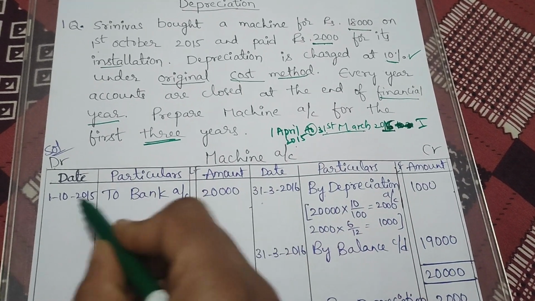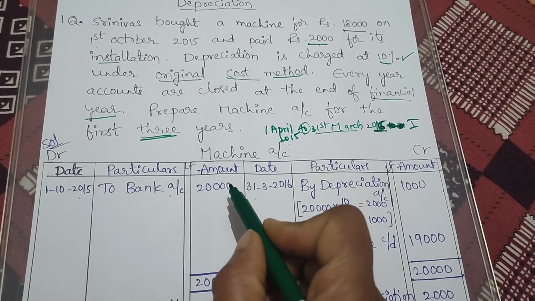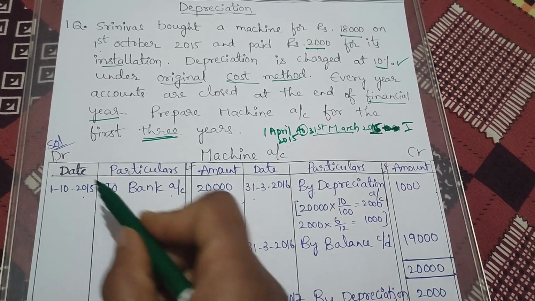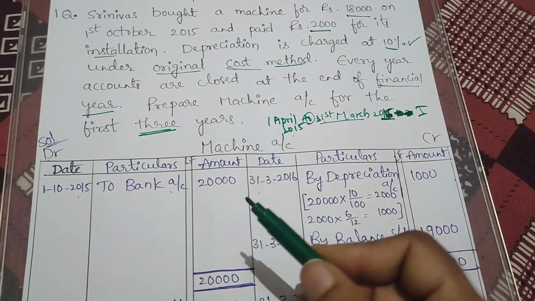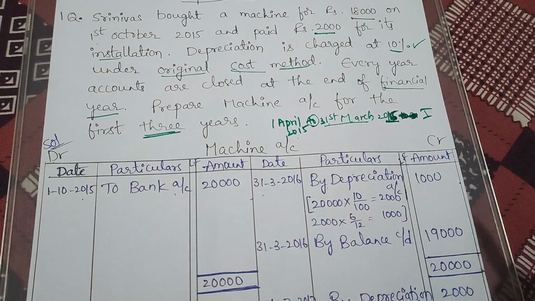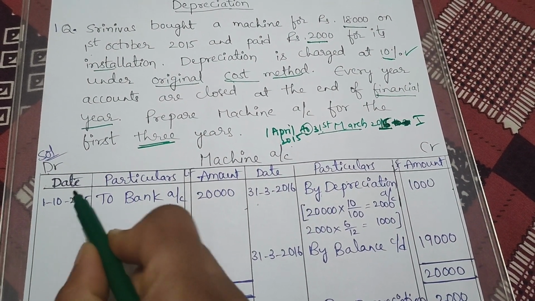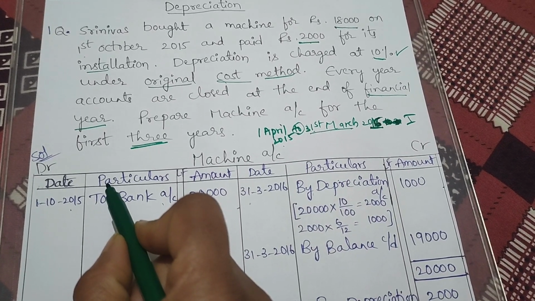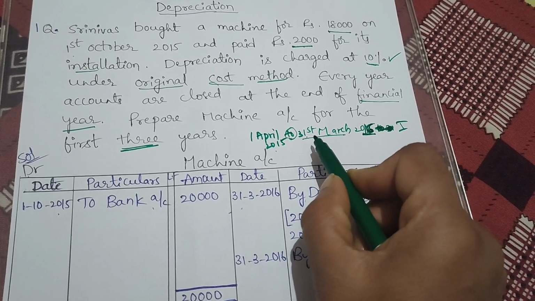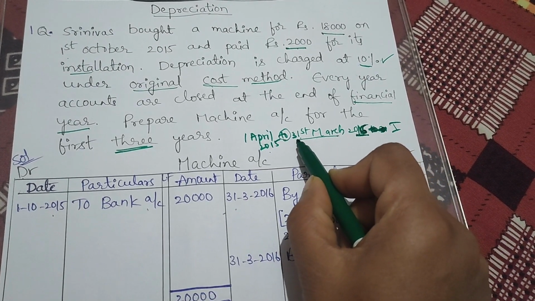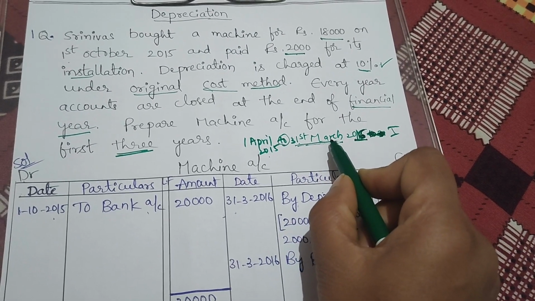After purchasing on this date, the businessman starts using this asset in the business. But here we should not continue, because March is the closing date. So we should stop here itself.